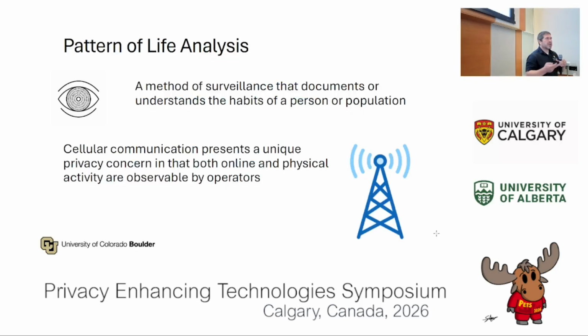So this work is concerned with pattern of life analysis. This is a method of surveillance that documents or understands the habits of a person or population. Cellular communication presents a unique privacy concern in that both your online and the physical, meaning your location and your activity, are observable by the operators.